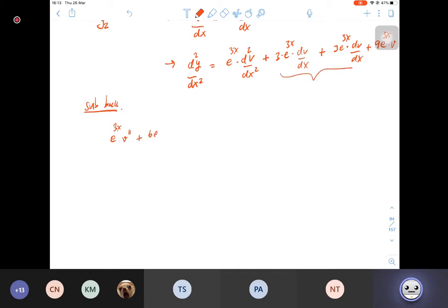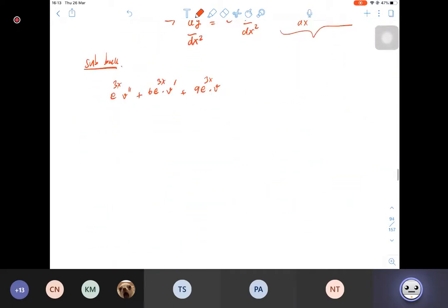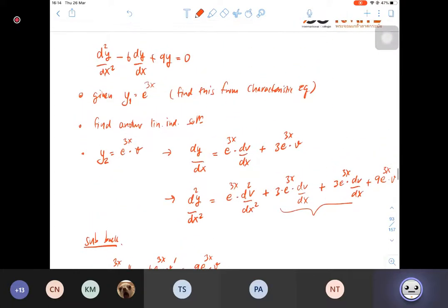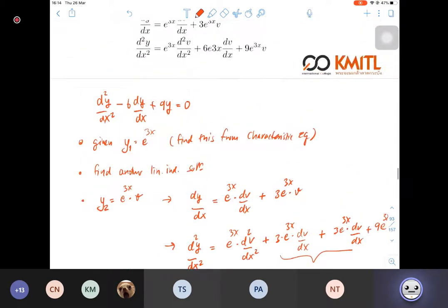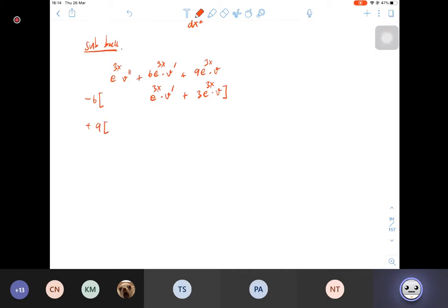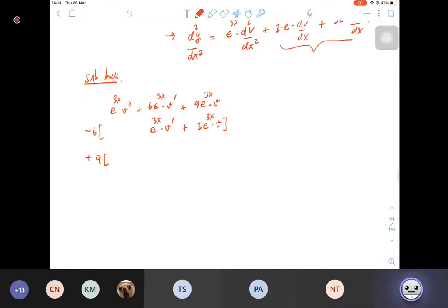Those two terms would be 6e to the power of 3x v prime plus 9e to the power of 3x times v, minus 6 dy by dx, which is e to the power of 3x v prime, right, plus 3e to the power of 3x times v, and then plus 9 times y. y is e to the power of 3x times v. Okay.